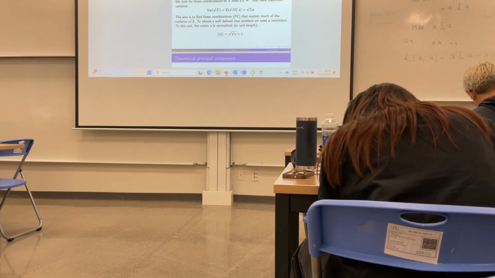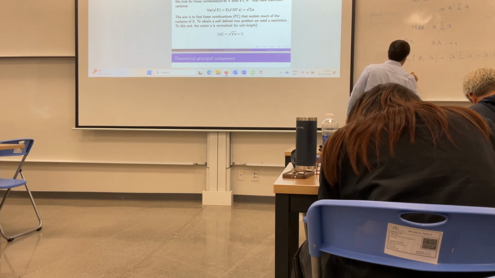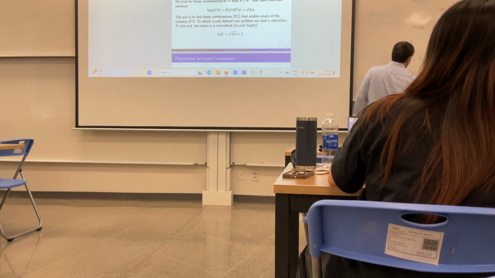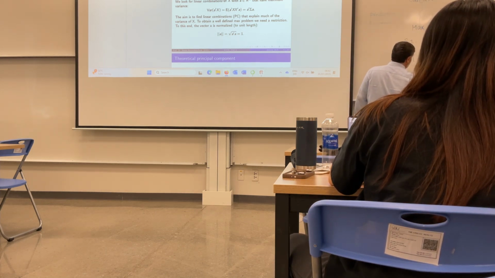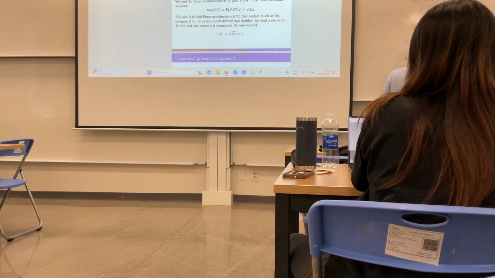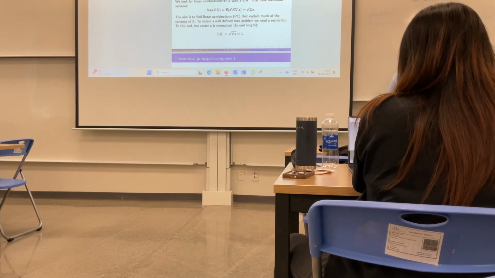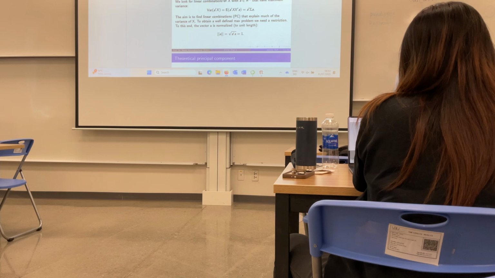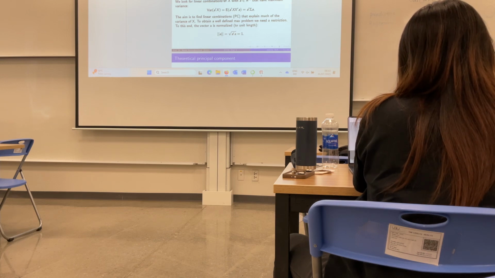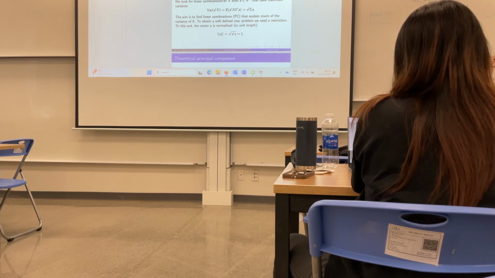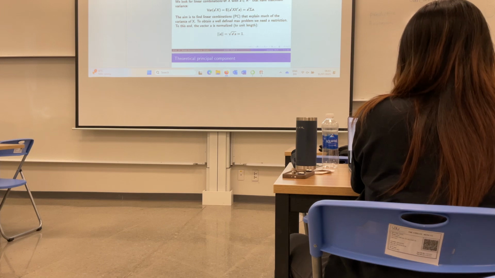So let's take the derivative with respect to a, then the 2 remains. So it's 2 sigma a. And the sigma is 1, so here, for sigma, there is nothing.